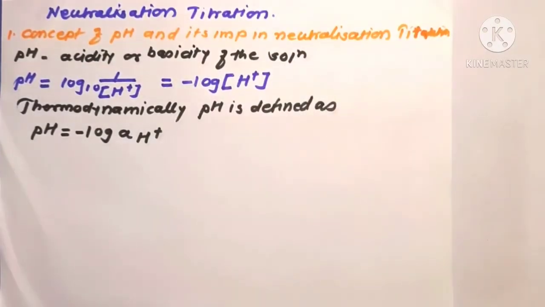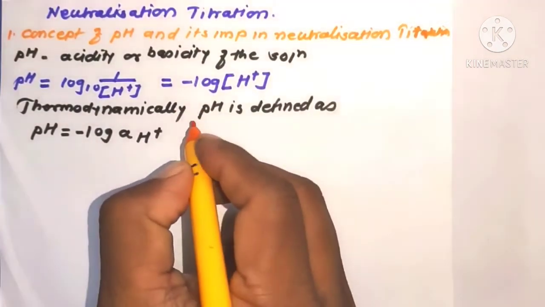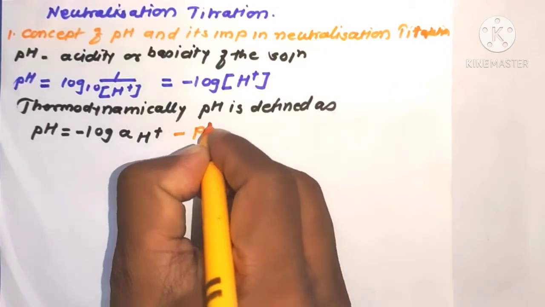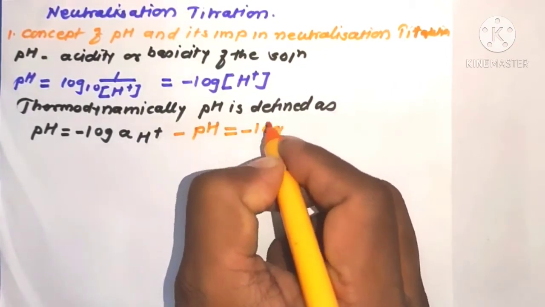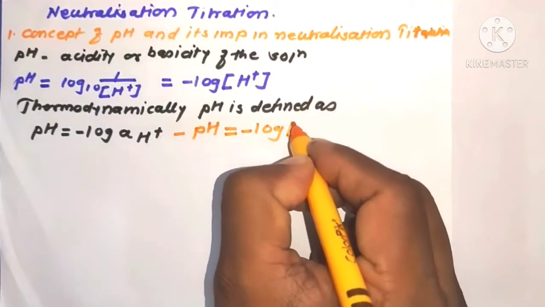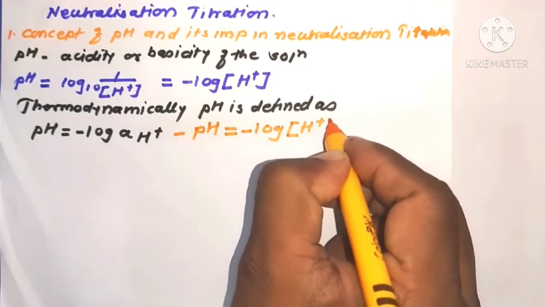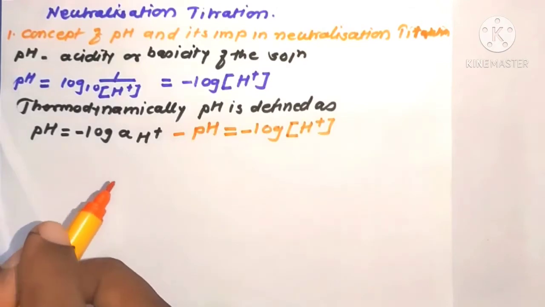However, except in ideal conditions, activity can be replaced by molar concentration. Therefore, for all practical purposes, pH is equal to minus log of concentration of H plus ions.